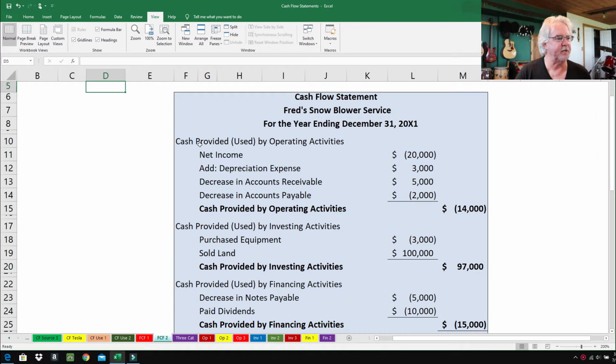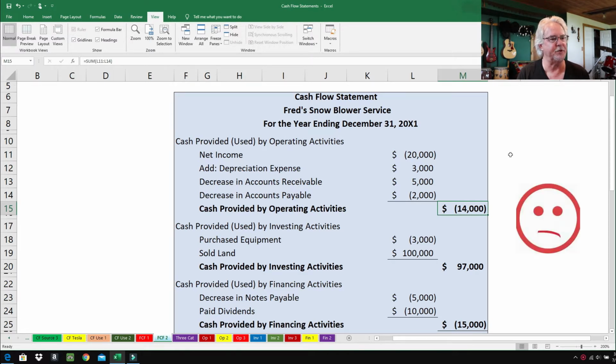So we go here to cash provided by operating activities. It looks like Fred here has a negative $14,000. That is not good at all. That means that Fred is not making money from selling snowblowers or fixing snowblowers. He's not bringing in a positive cash flow from operations.